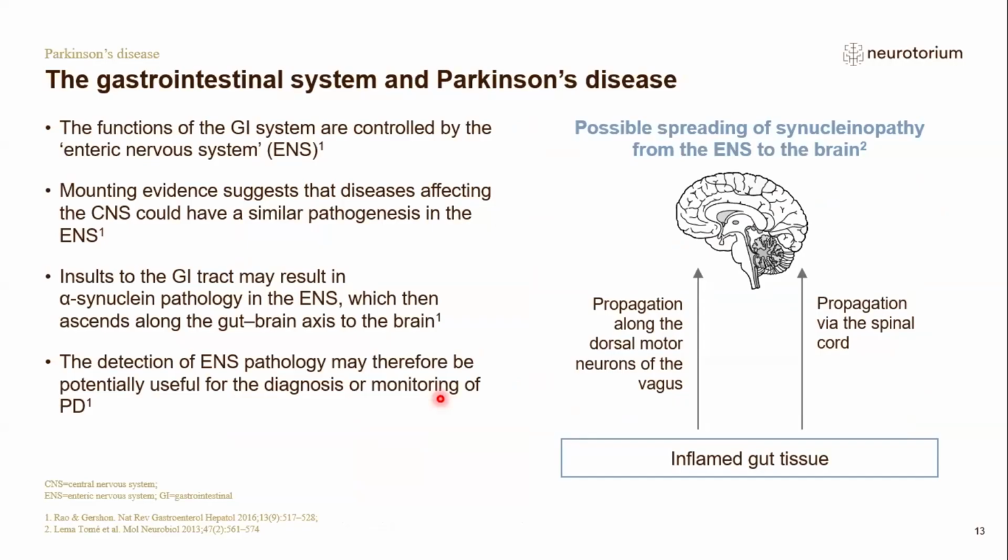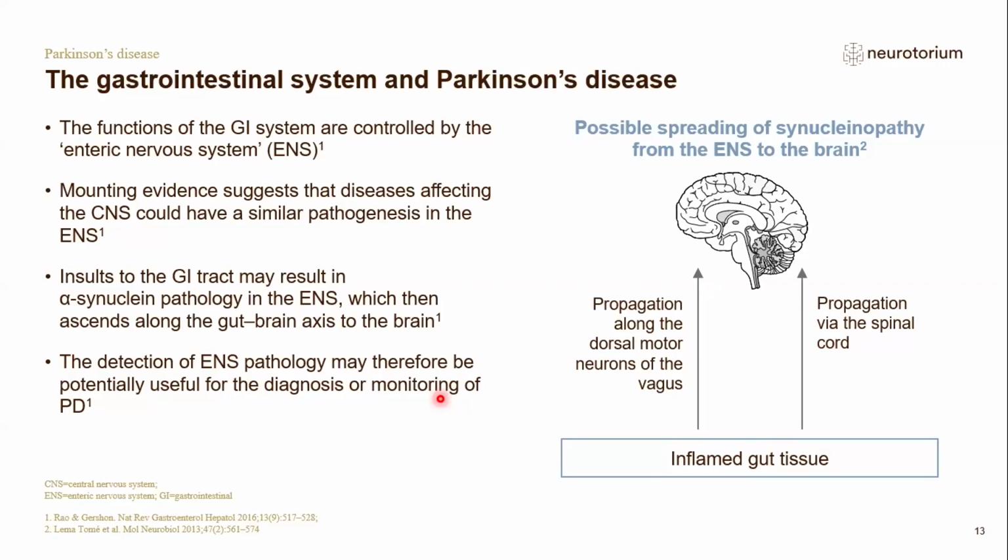In particular, once there is accumulation of alpha-synuclein, and dopamine is also affected in the GIT, there's propagation of these oxidants, of these inflammatory components to the brain, and so it makes a vicious cycle. So the gut-brain axis comes into the picture.